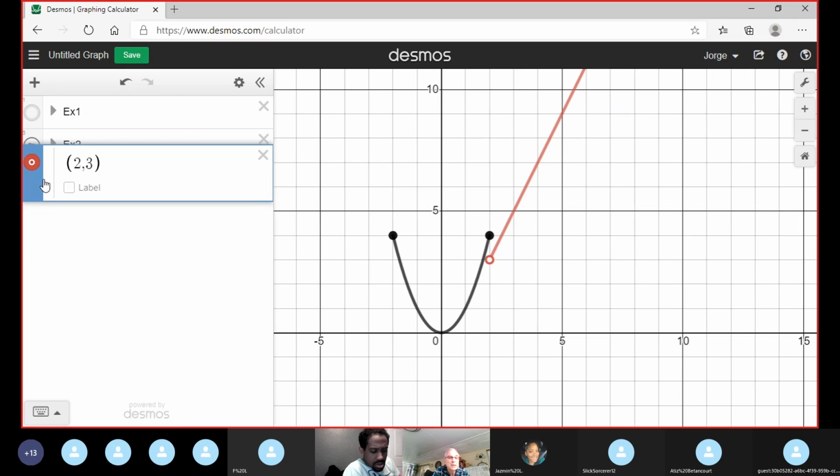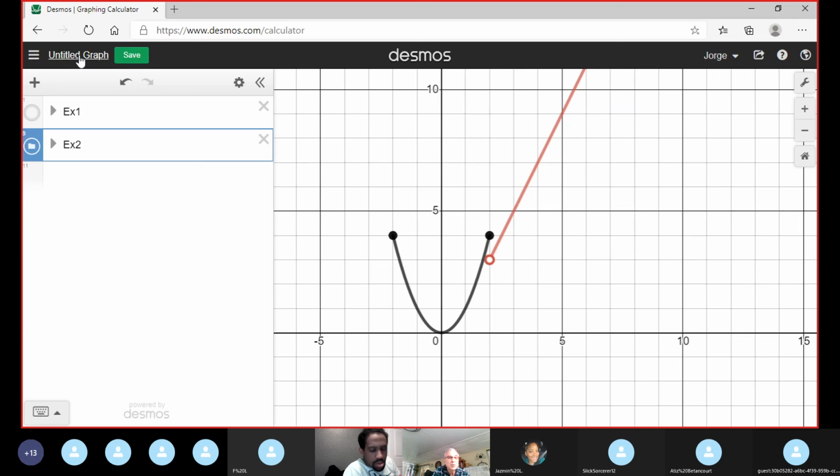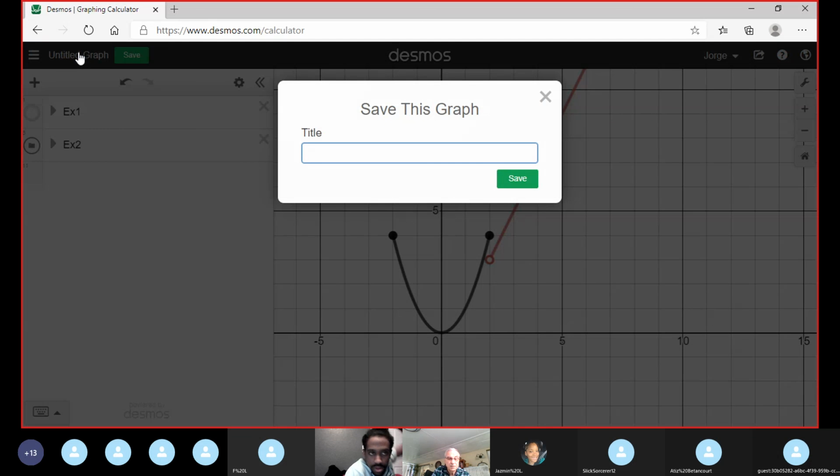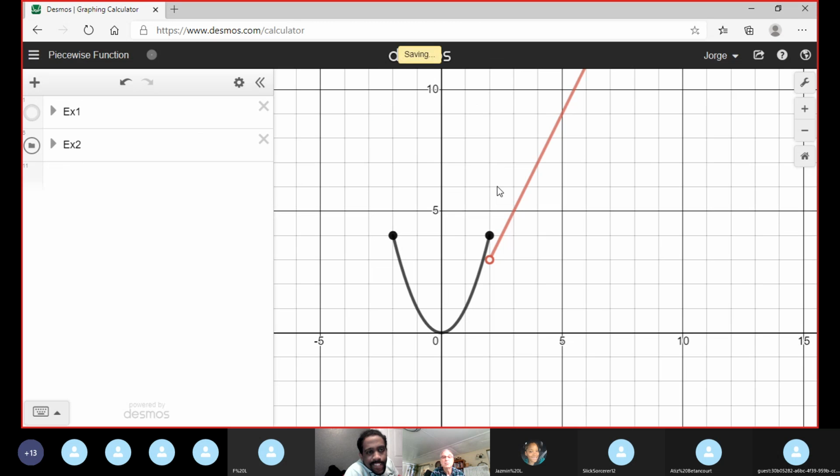You put the name of the folder, this is Piecewise Function, and you save it in your account. Maybe you put everything blank, and if you want to see example 1, example 1. You want to see example 2, example 2. It's fantastic.